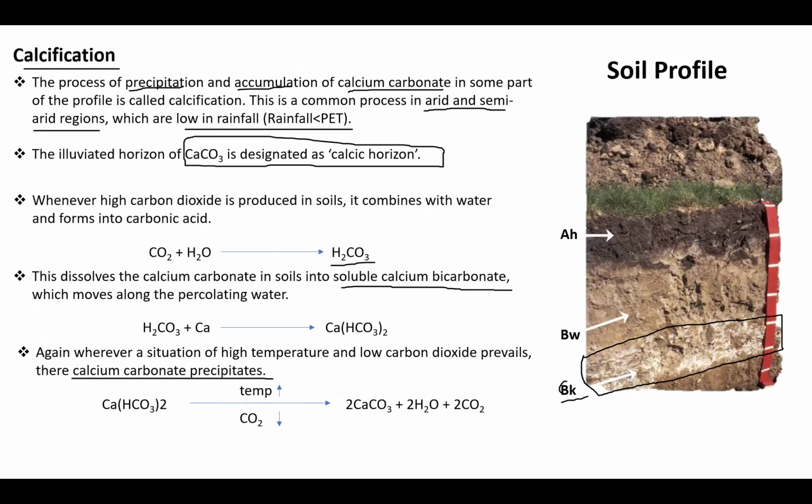That calcium bicarbonate will be leached down and leads to the formation of calcium precipitates in the lower region, where favorable climate conditions like high temperature and low carbon dioxide prevail.